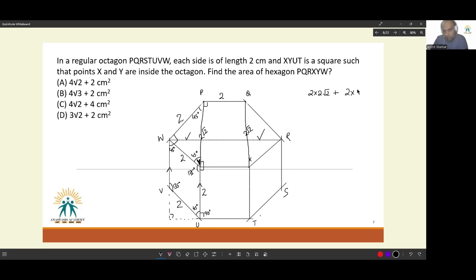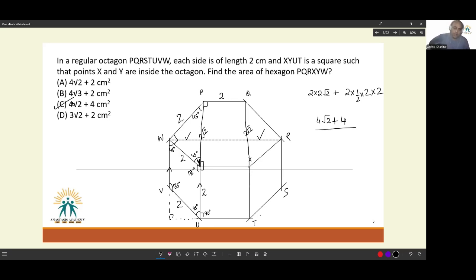So 2 times half into 2 into 2. So from here I get 4 root 2 plus 4. This should be the area of the hexagon PQRXYW. Answer will be option C for this question.